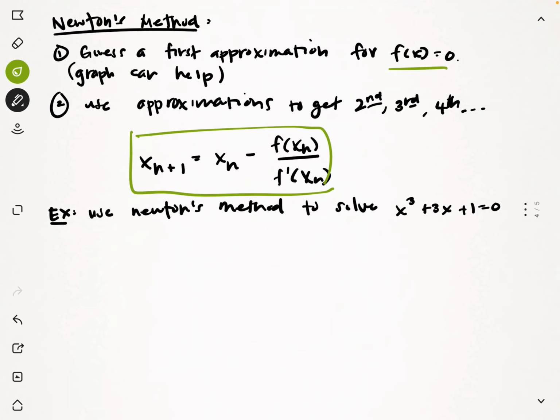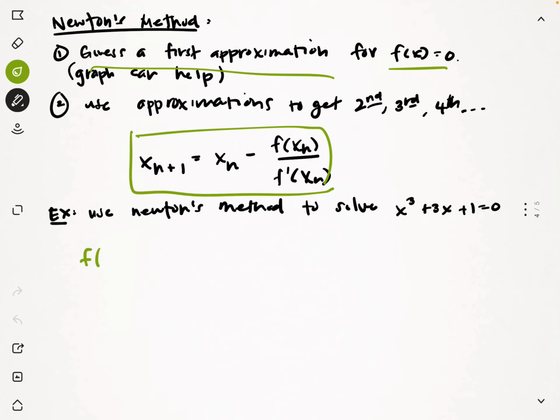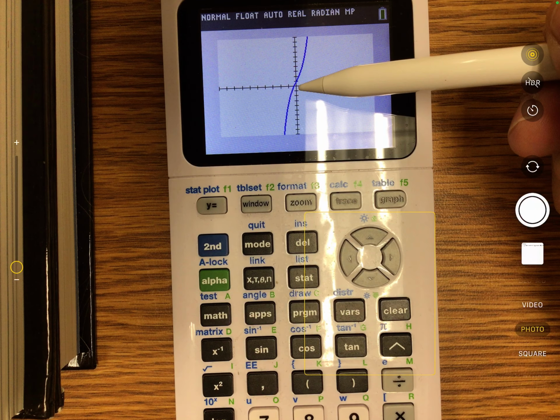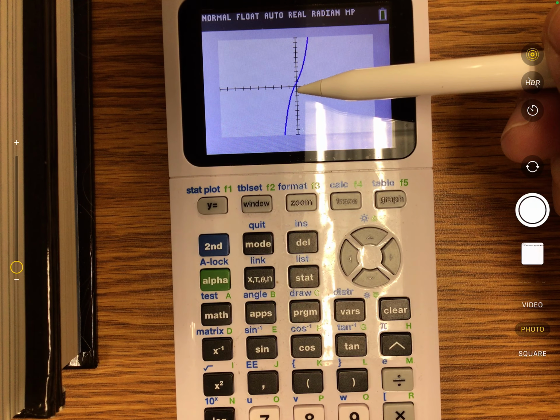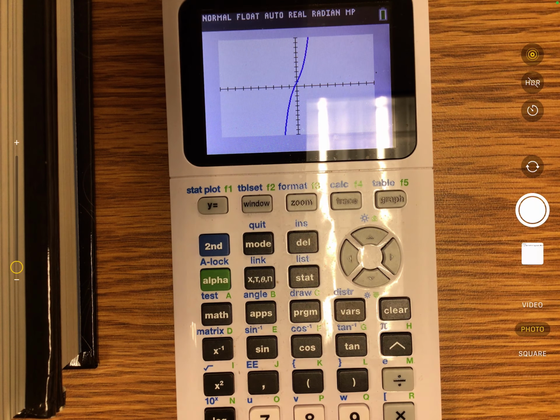So where it says guess a first approximation, where f of x equals 0. I misread that. So let's go back. We're trying to find a 0, not the y-intercept. So if we look back here, it might look like 0 at, I don't know, 1/3 or 1/2 or 0.03.